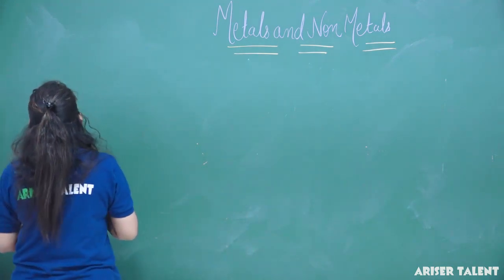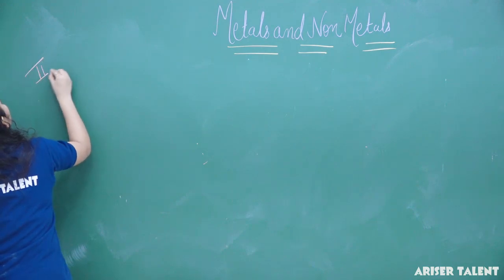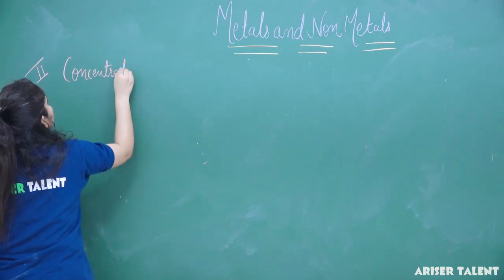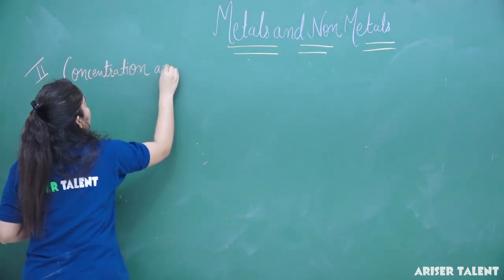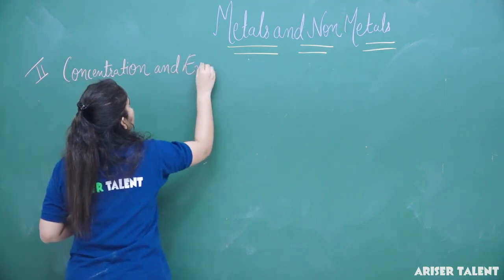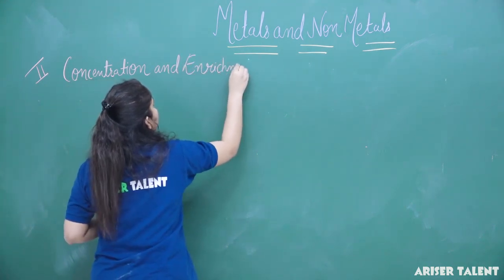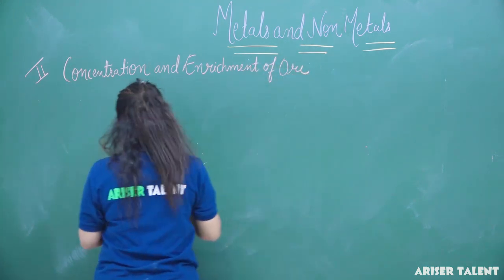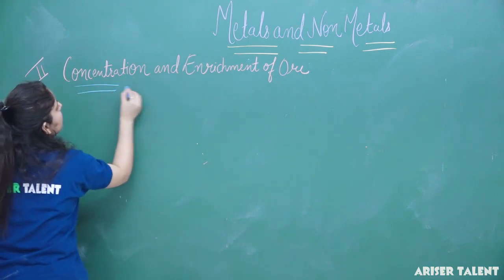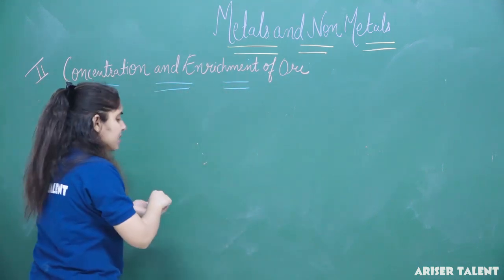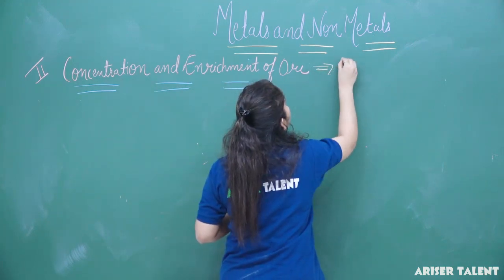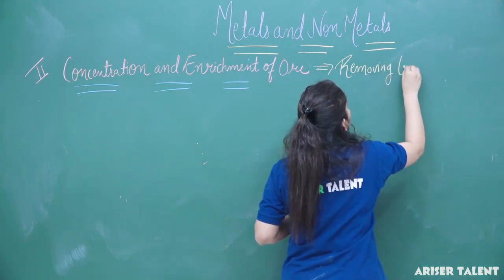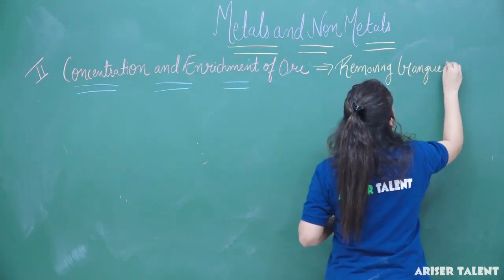So the second step here will be concentration and enrichment of ore. So concentration actually means removing the unwanted impurities, means removing gangue particles.